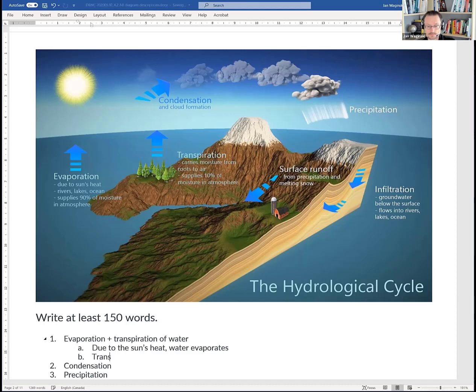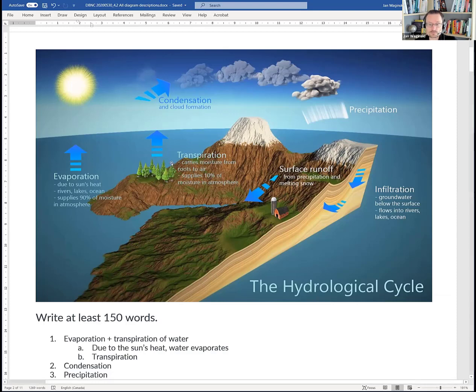Transpiration happens due to the heat. You don't need to invent these steps. That piece of information is listed for evaporation, but it's not listed for transpiration. So there's no need to talk about it.